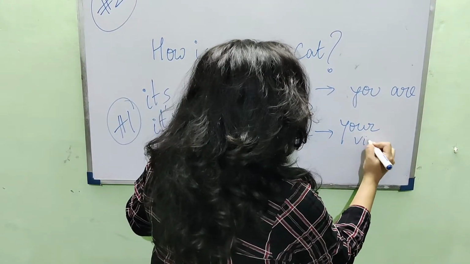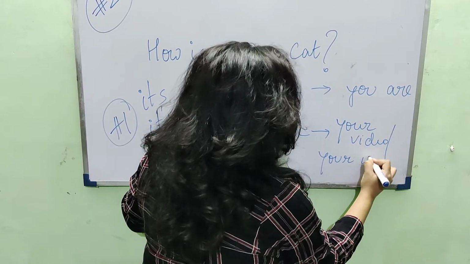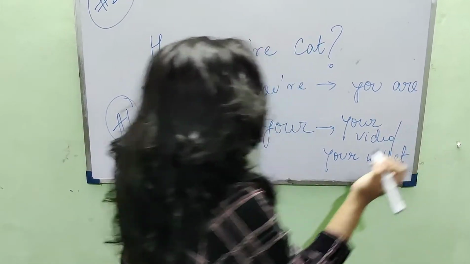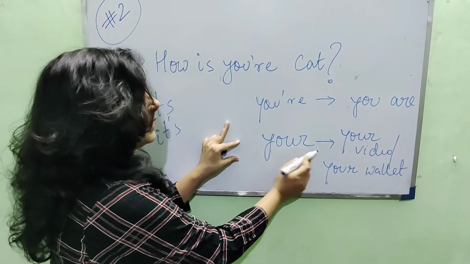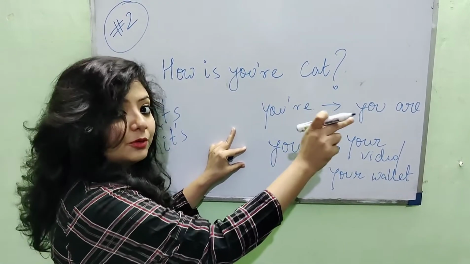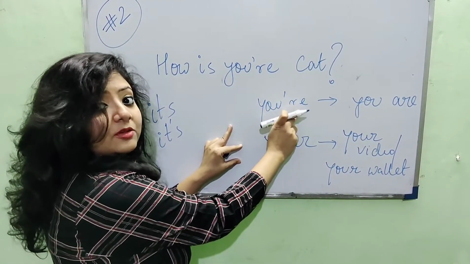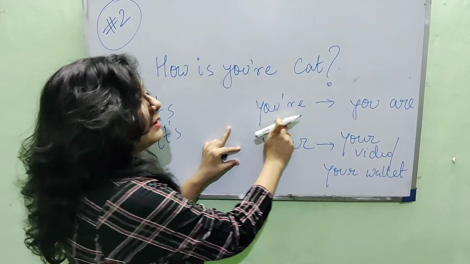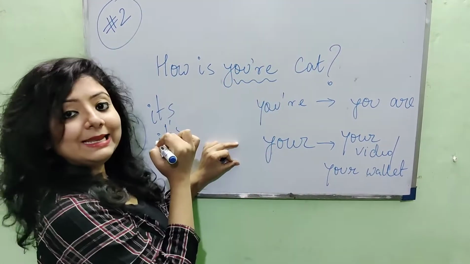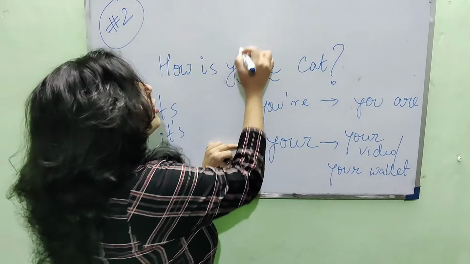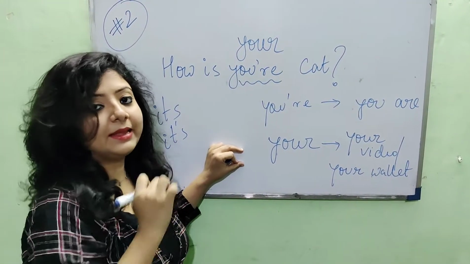Your video, your wallet. Okay? So when we are talking about your, we are talking about the fact that it belongs to you. It belongs to the other person. And when we are writing you apostrophe R-E, we are basically trying to say you are. So here, this is the incorrect usage. How is your cat? So that's the second error.